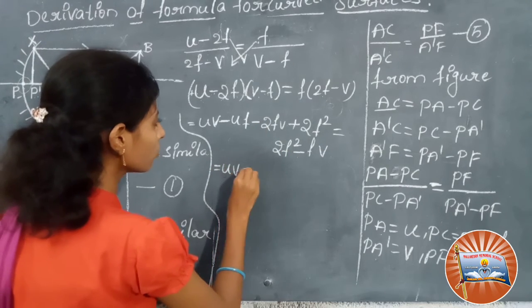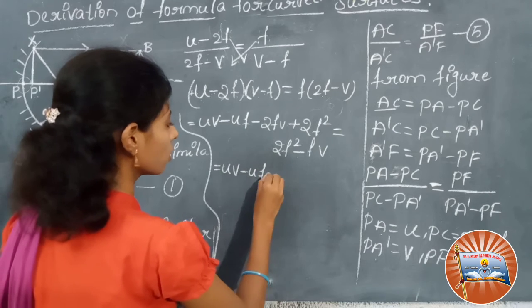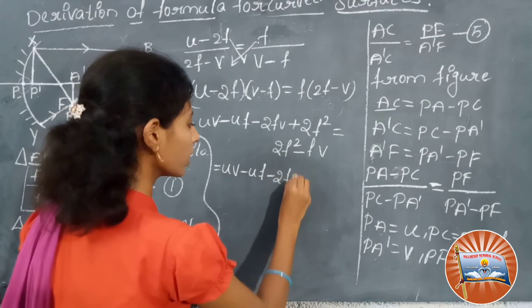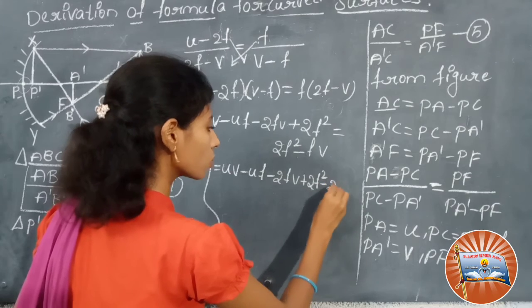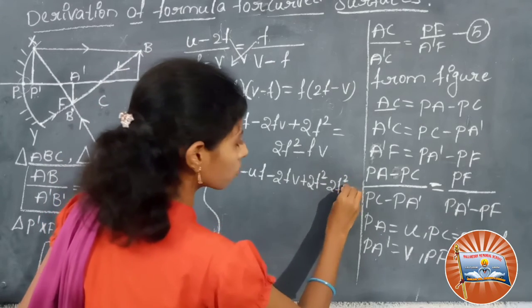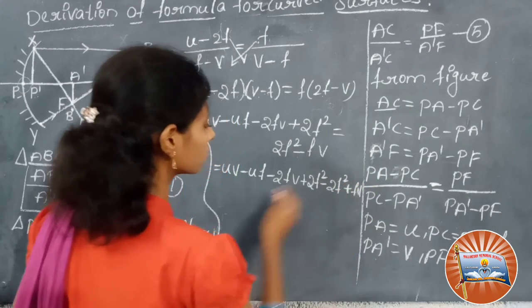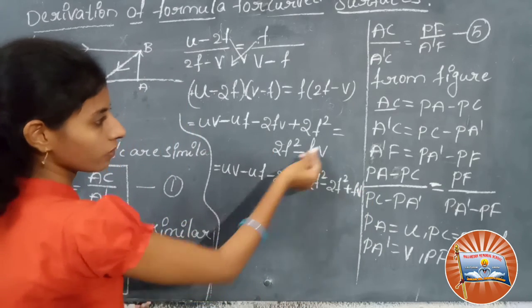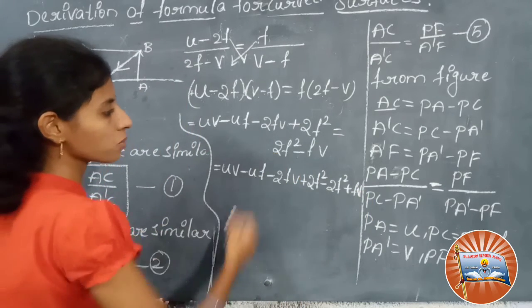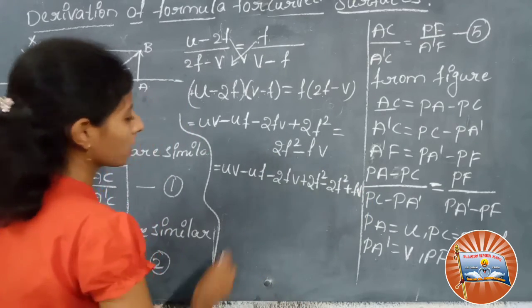We will get UV minus UF minus 2fV plus 2f square minus 2f square plus fV. When taken to the left side, the sign changes.